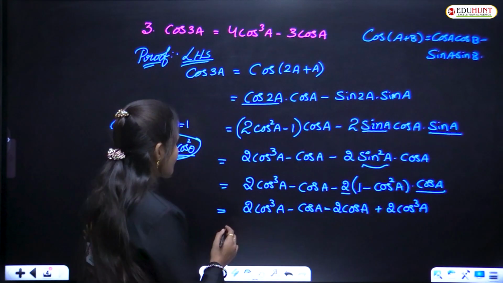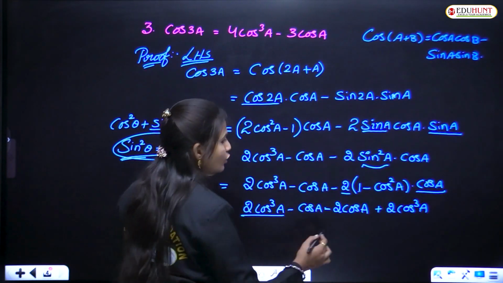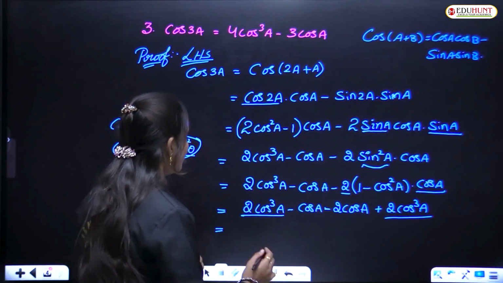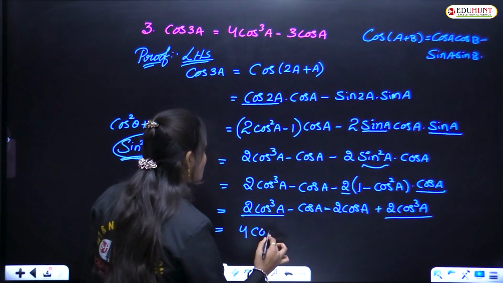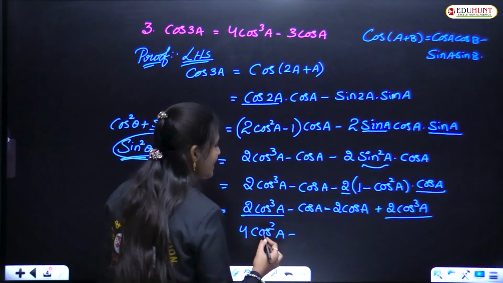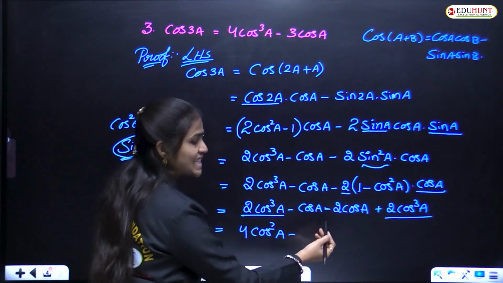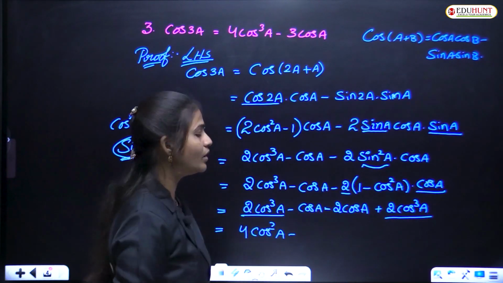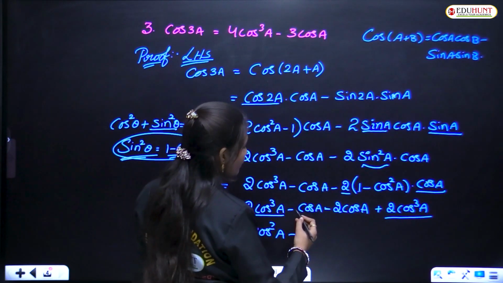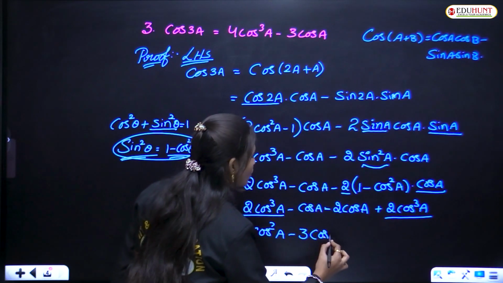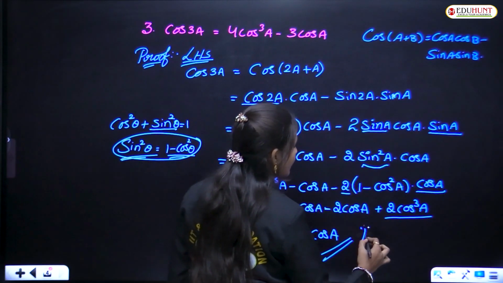Now simplify this. Here 2 cos cube A, 2 cos cube A, so how many times? 4 times. So it equals 4 cos cube A minus, 1 time there and 2 times there, and those two also have the same sign, the negative sign. So minus cos A minus 2 cos A equals minus 3 cos A. So this is the RHS.